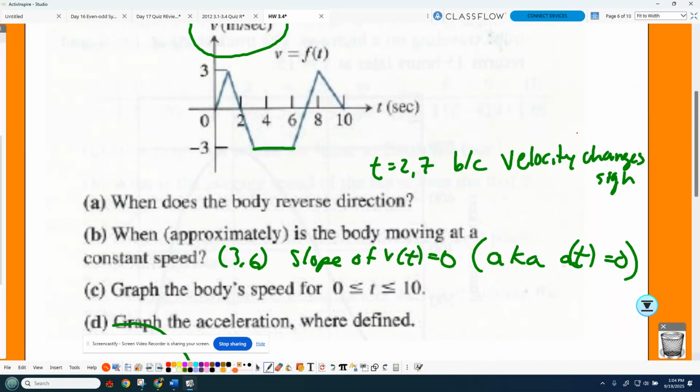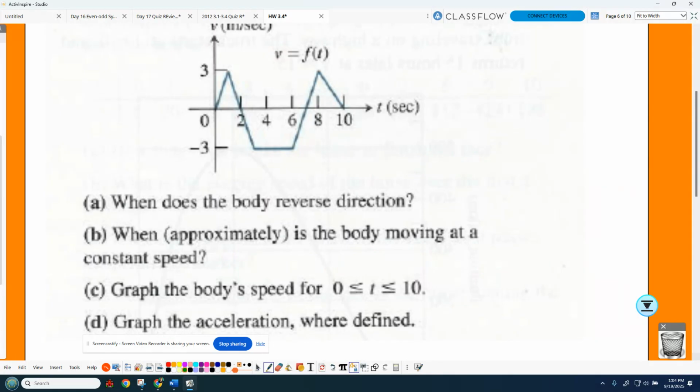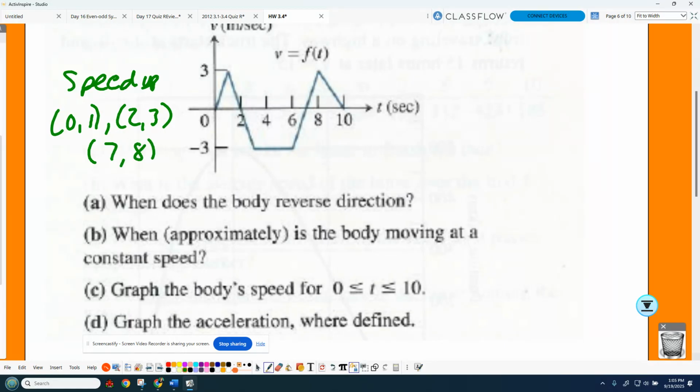It's not on this one, it's on a later one, but I'll ask it here. Where's the object speeding up? So 0 to 1, 2 to 3, anywhere? 7 to 8? 0 to 1, 2 to 3, 7 to 8. I agree. Can someone else tell me why?